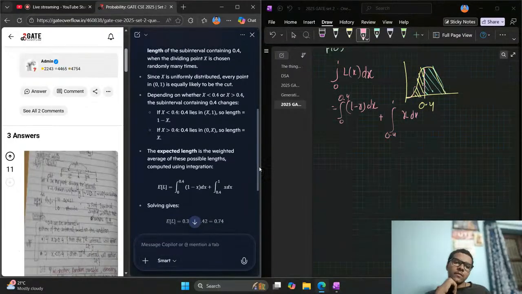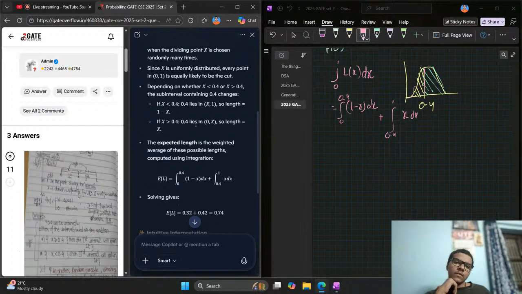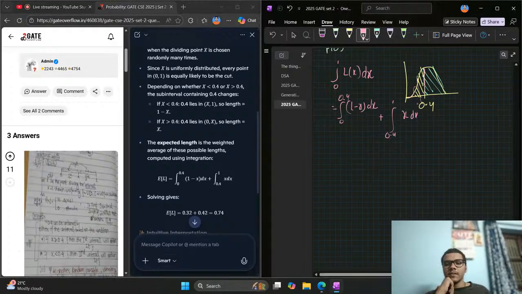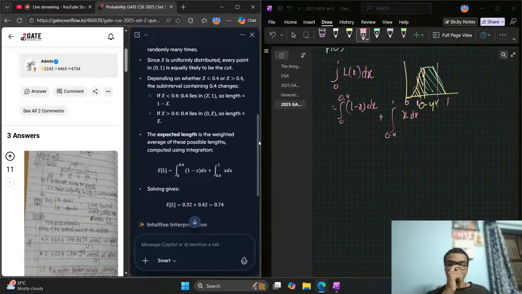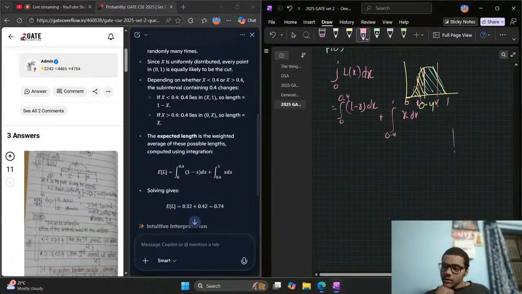Okay. If x is smaller than 0.4, it lies in x comma 1. So if we cut here, it will lie in this place, x comma 1. If we cut here, it will lie in 0 comma x. Got it. This is the point that we need.